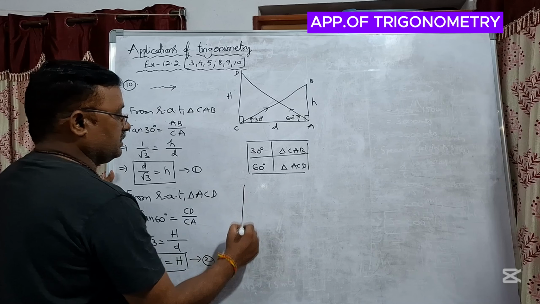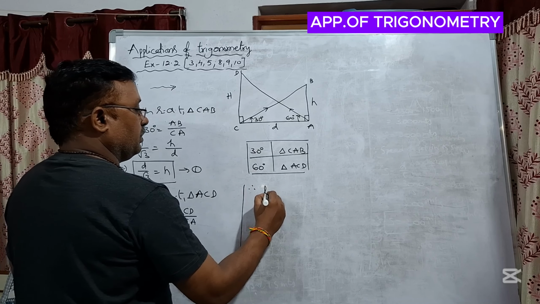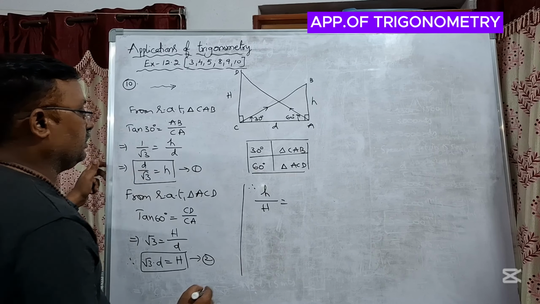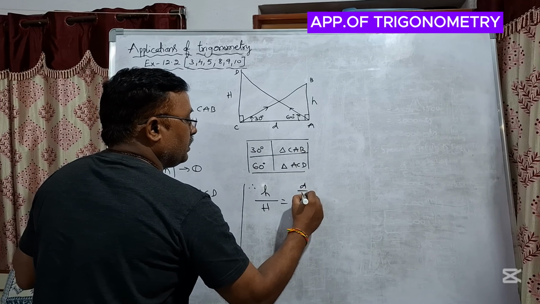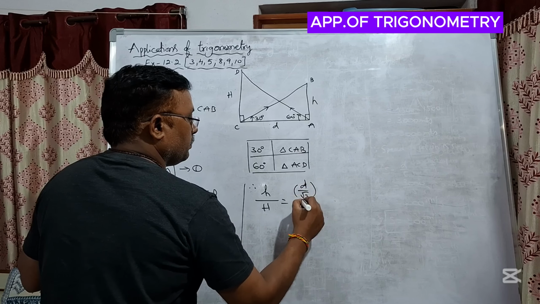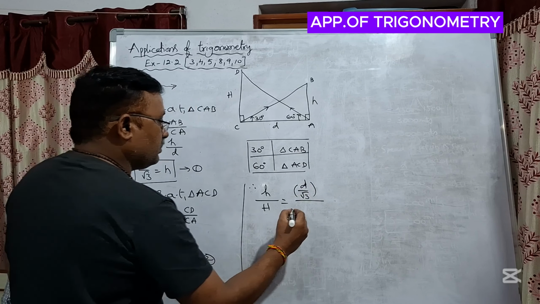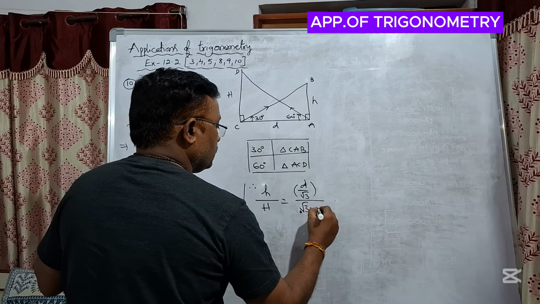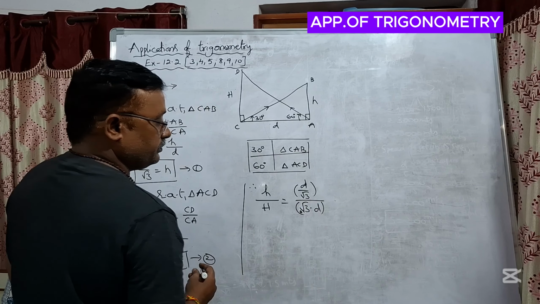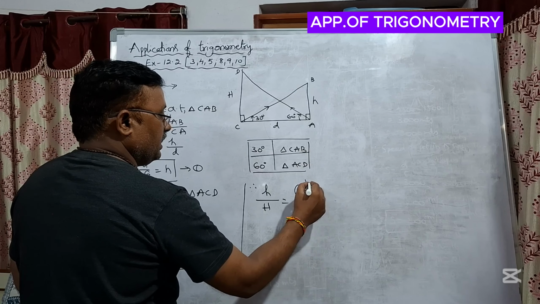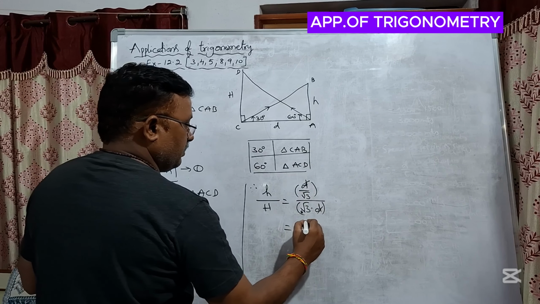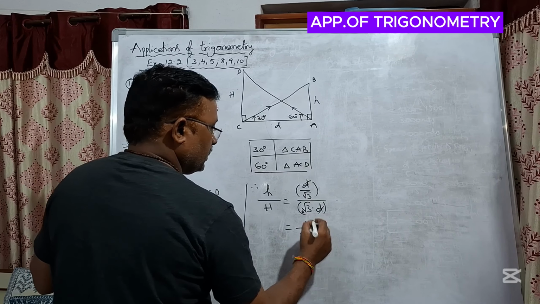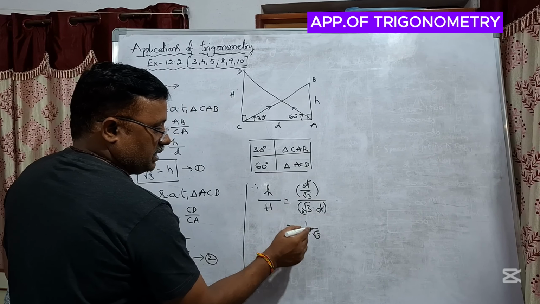Now our required answer is small h by capital H, which is equal to d by root 3 by root 3 into d. The d gets cancelled, so it is equal to 1 by root 3 into root 3, that is 1 by root 3 and this denominator root 3.